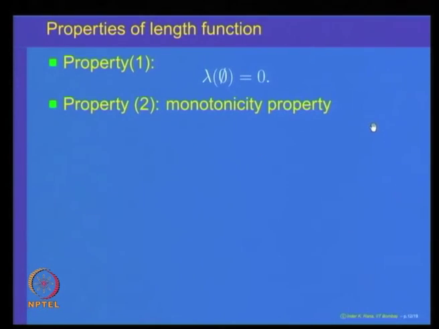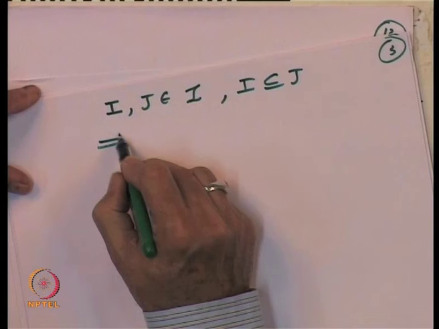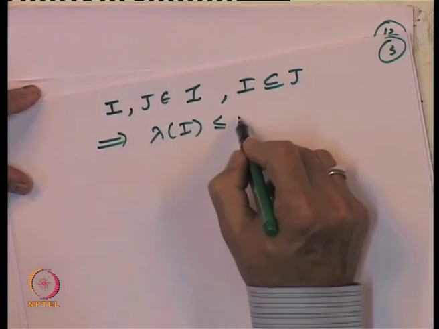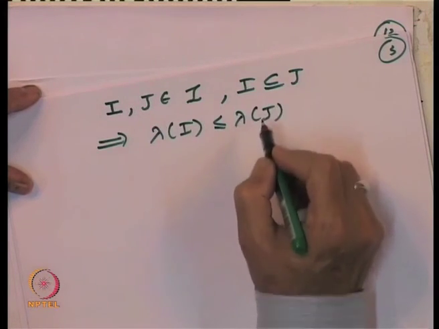Next, let us check that this is a monotone set function. Namely, length of I is less than or equal to length of j if I is a subset of j. So, to prove that, we want to check whenever you have intervals I comma j and I is a subset of j, this should imply that length of I is less than or equal to length of j.